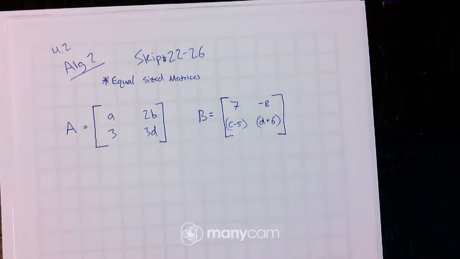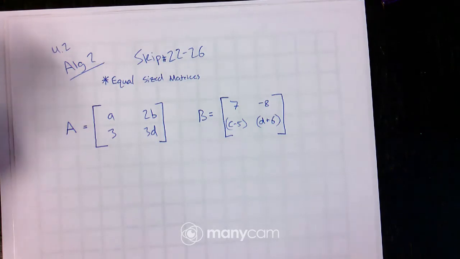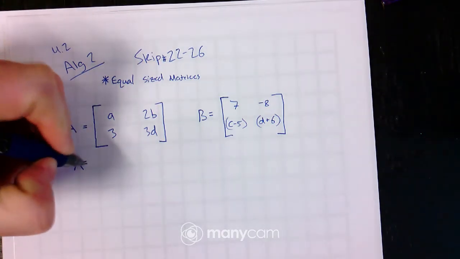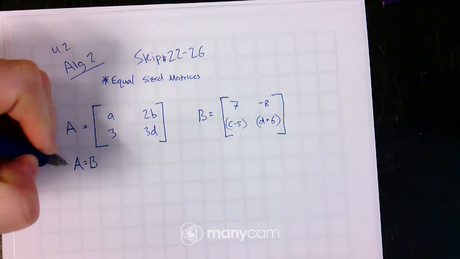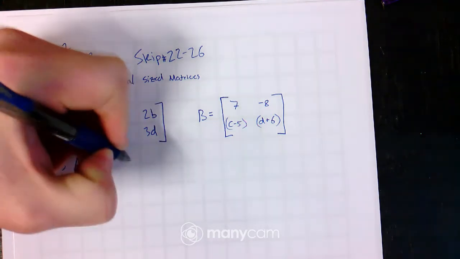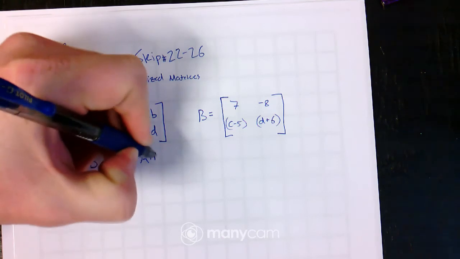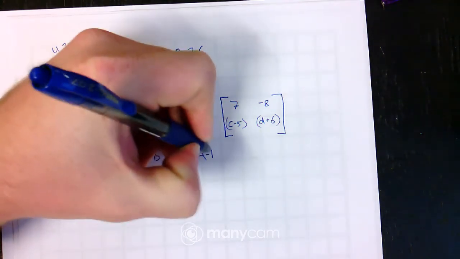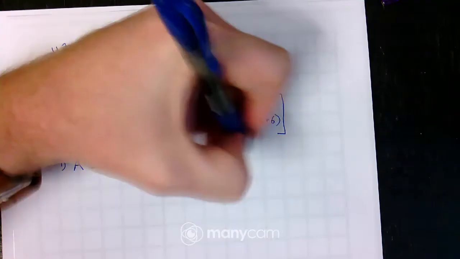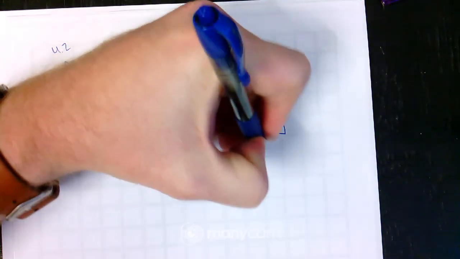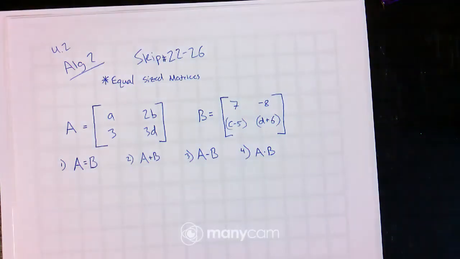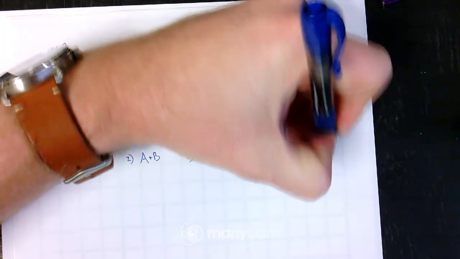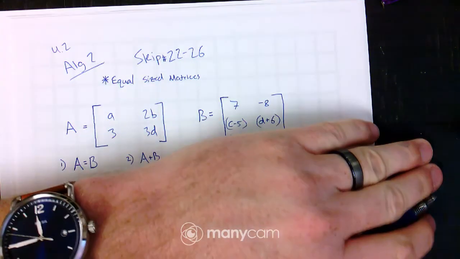Now we can do all of these options, okay? We have A equals B. Option 2, A plus B. Option 3, A minus B. A times B. I'll let you guess what the last one is.